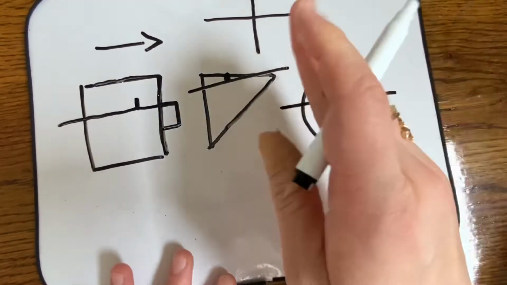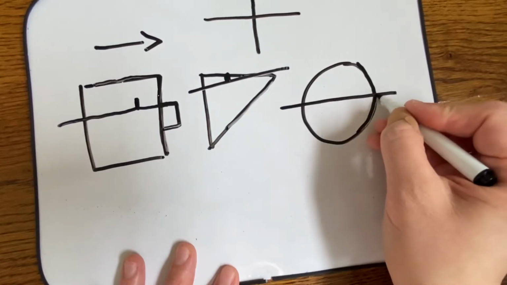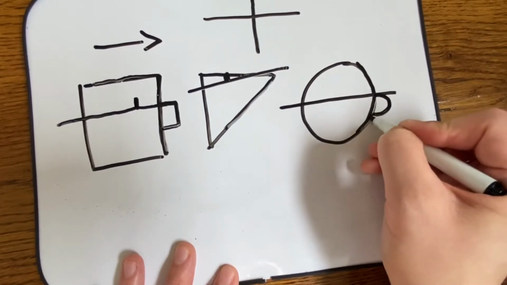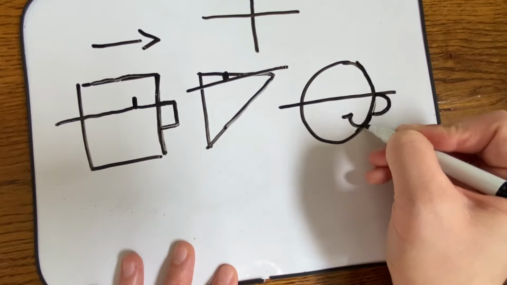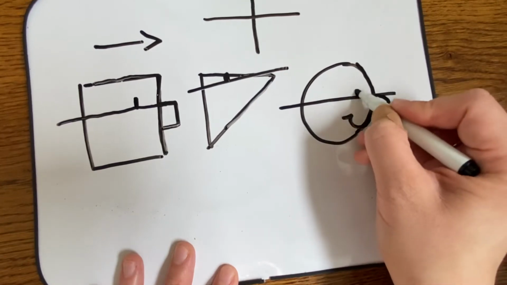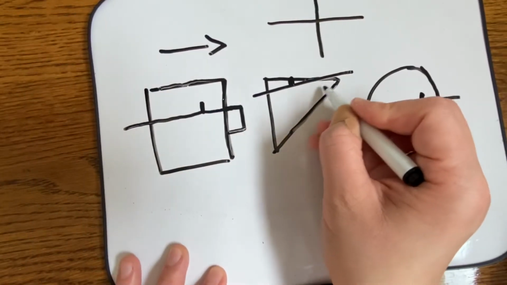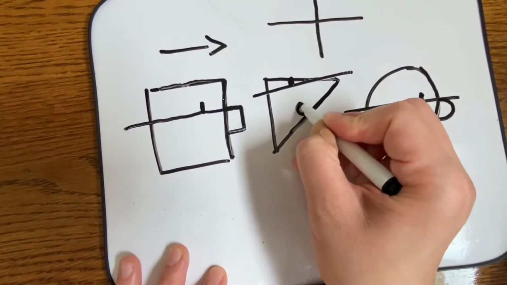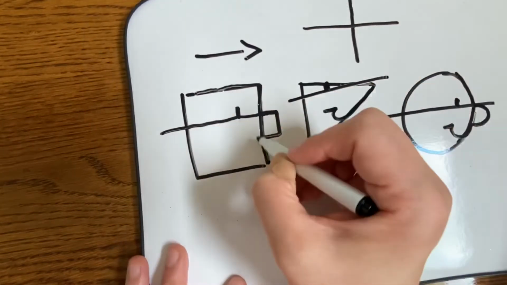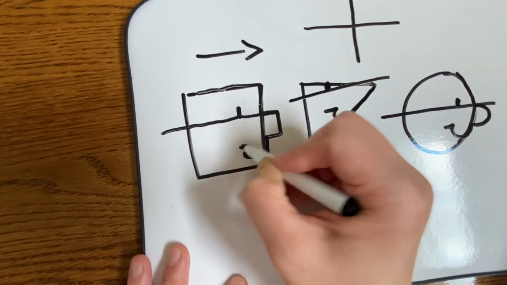Remember, the nose from the side view has to be underneath. Leave some space for the mouth.